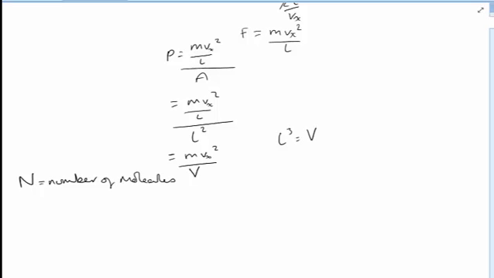So we need to take an average of those velocities. And the way we do that is by looking at the average of the velocities squared rather than the straight average of the velocities. And the reason for that is because otherwise the negatives and positives would cancel out. So that bar over the top, if you've not come across that before, is for the mean. So it's the mean of Vx squared.